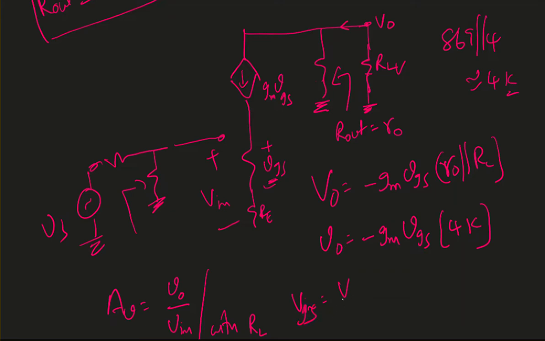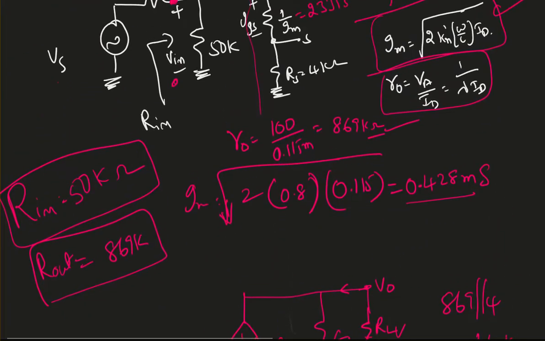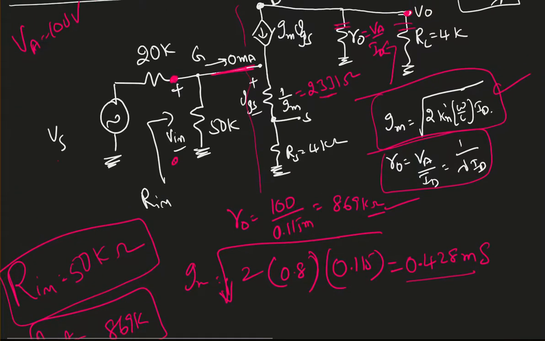VGS equals Vn times 1 over gm divided by 1 over gm plus RE. We know 1 over gm is about 2.33 kilo ohms, and RE is 4 kilo ohms. So the voltage here is Vn, and I'm trying to find VGS.